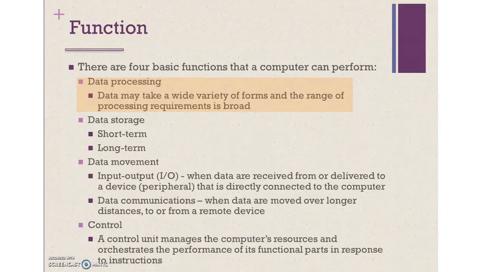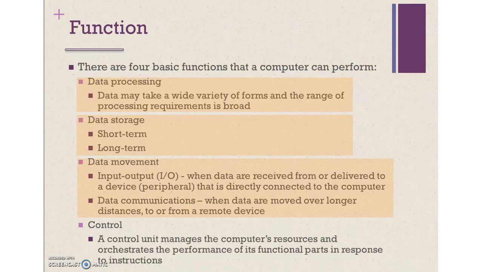However, we shall see there are only a few fundamental methods or types of data processing. Data storage: even if the computer is processing data on the fly, meaning data come in and get processed and the result goes out immediately, the computer must temporarily store at least those pieces of data that are being worked on at any given moment.